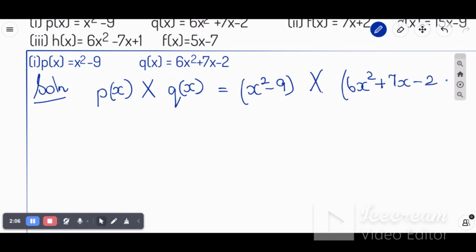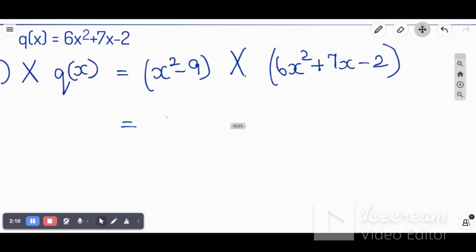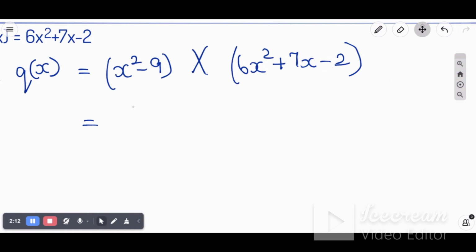So now, the first step, I'll go a little clear and detailed with so many steps, okay. The first thing is multiply the first term with all the terms in the second polynomial. So x square with the 6x square, x square multiplied by 6x square.